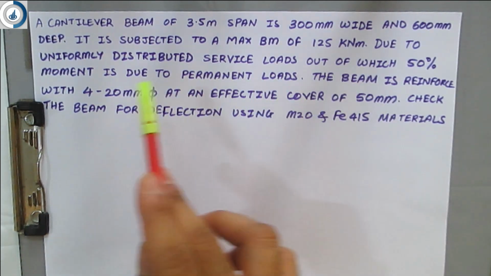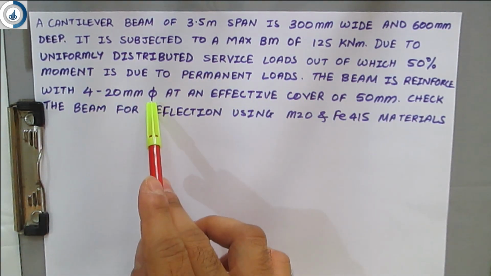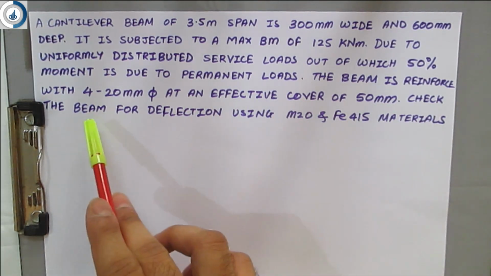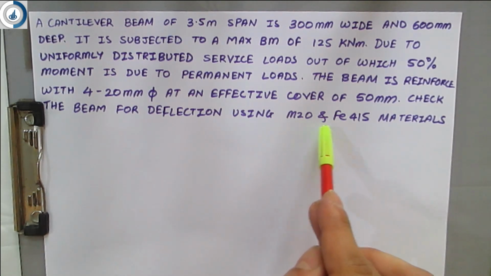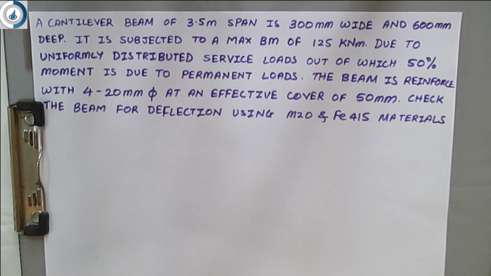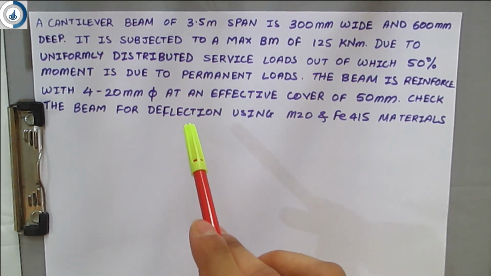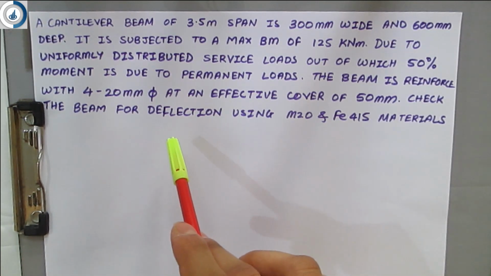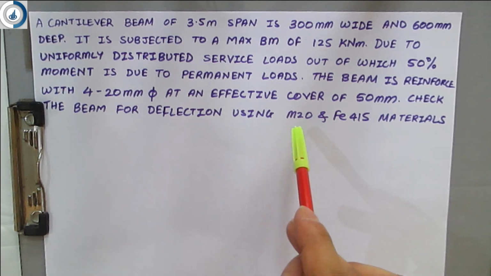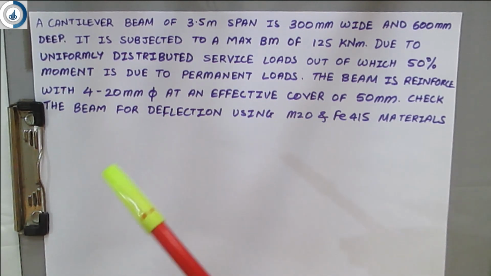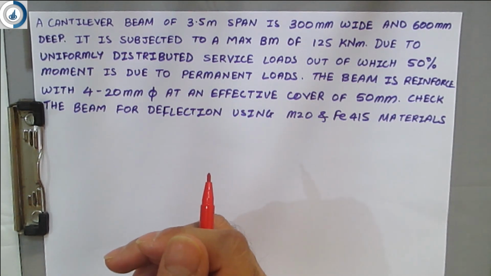The beam is reinforced with 4 bars of 20 mm phi at an effective cover of 50 mm. Check the beam for deflection using M20 and Fe415 materials. So this is the problem given. With this given data, we have to find out the different deflections using these materials and as per IS 456 codal provision. So the regular first step is to write down the given data.